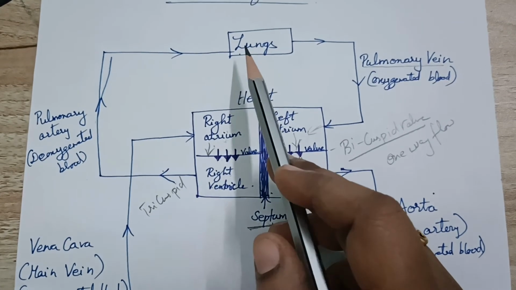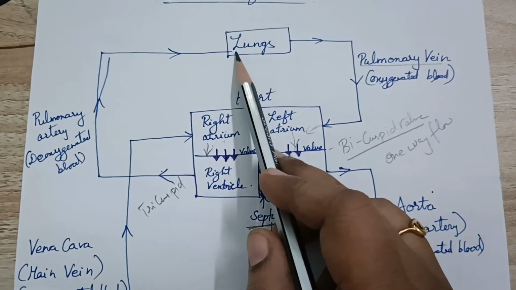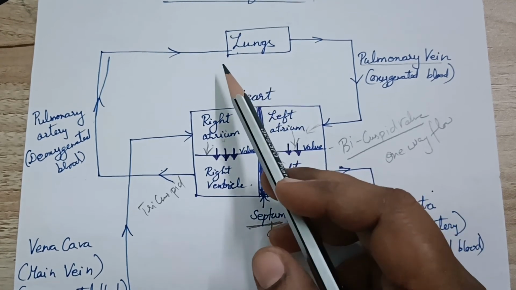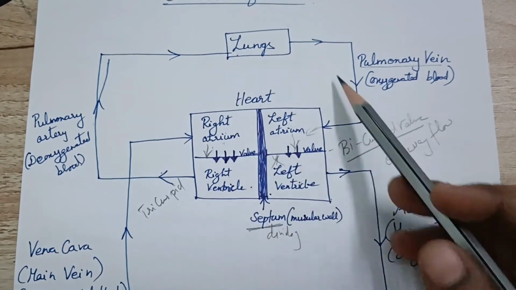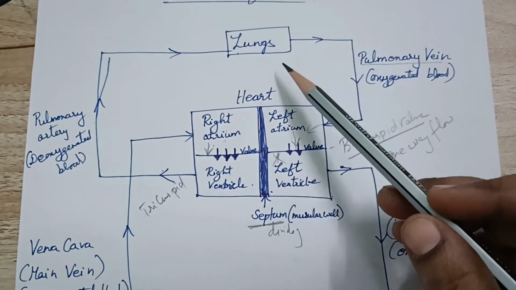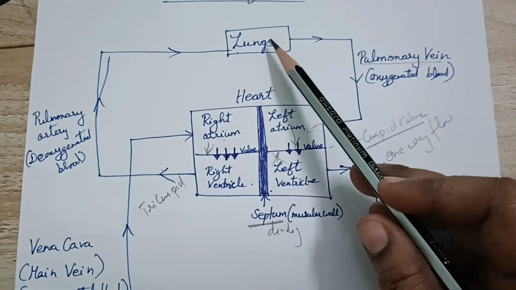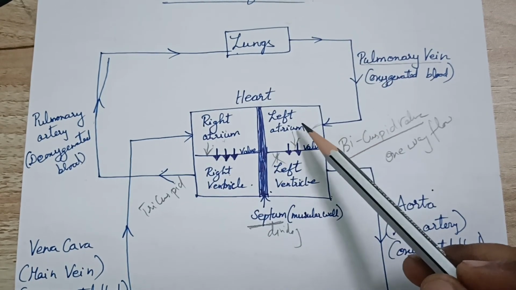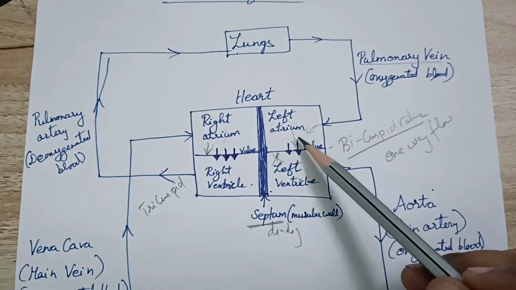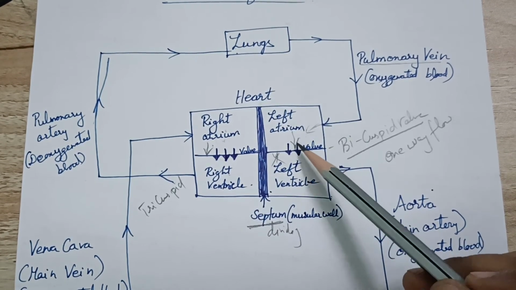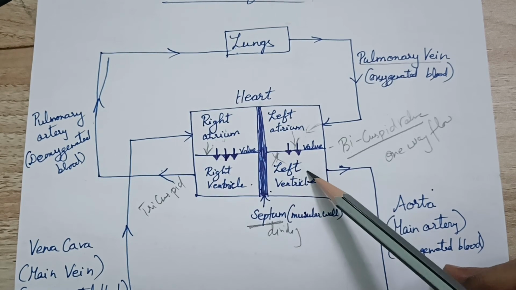Now this deoxygenated blood will be oxygenated once you breathe in. So this is the circulation of blood. Through the pulmonary vein, oxygenated blood comes and enters the left atrium, and you have a two-flap valve there. When it relaxes, it allows the blood to enter the left ventricle.